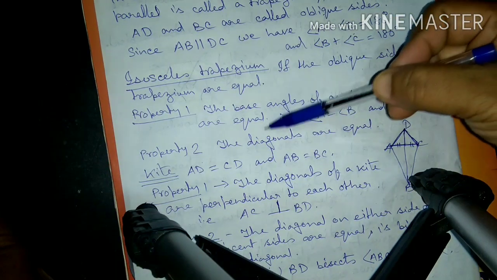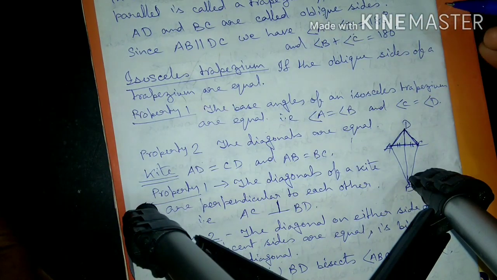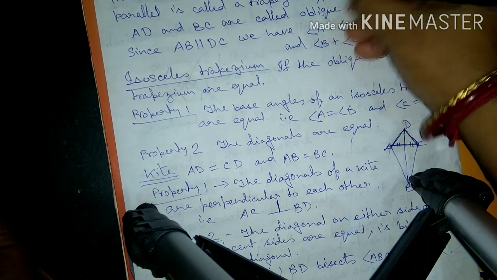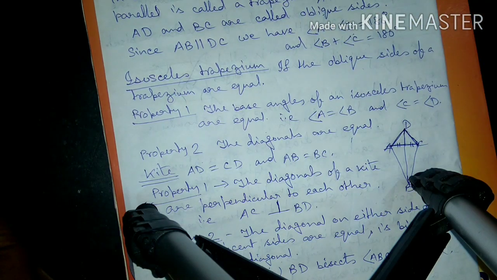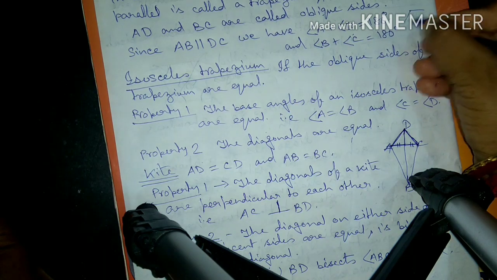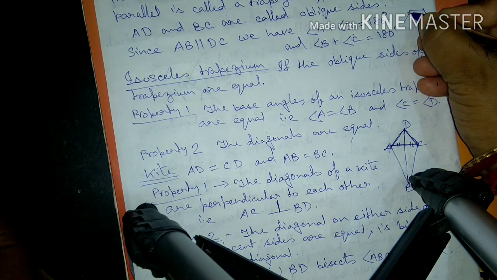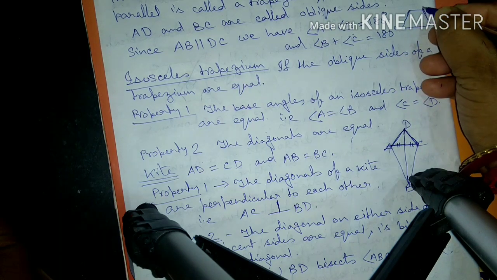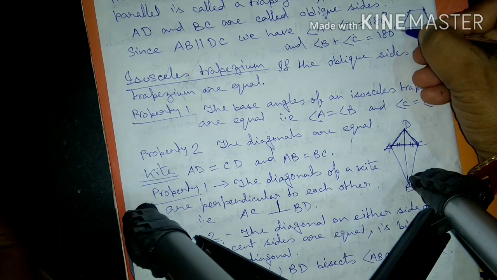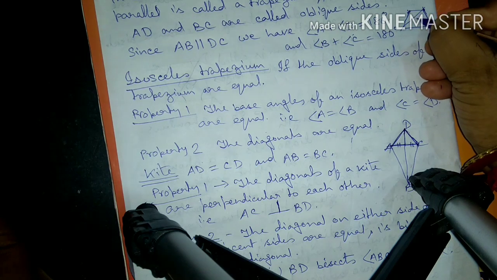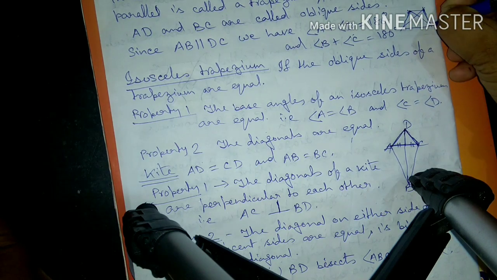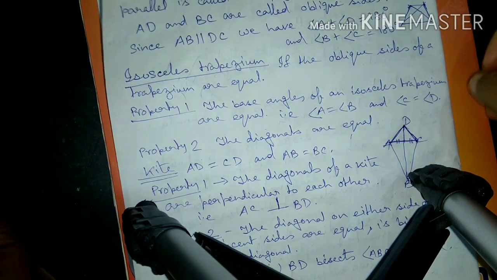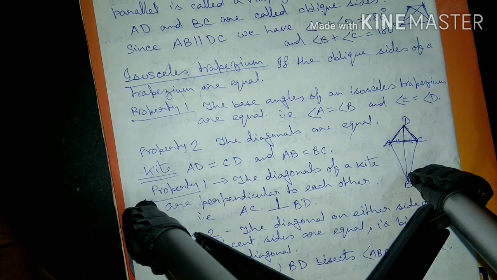Then property 2, diagonals are equal. Alright, in an isosceles trapezium these diagonals are also equal, because the oblique sides are equal. If I draw this trapezium, you see these oblique sides are also equal. So what will happen? These diagonals are also equal in length. Yes or no? So diagonals are equal.